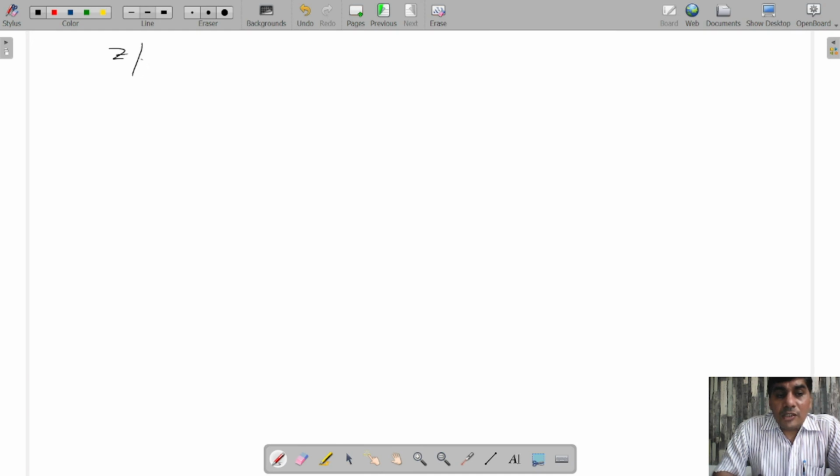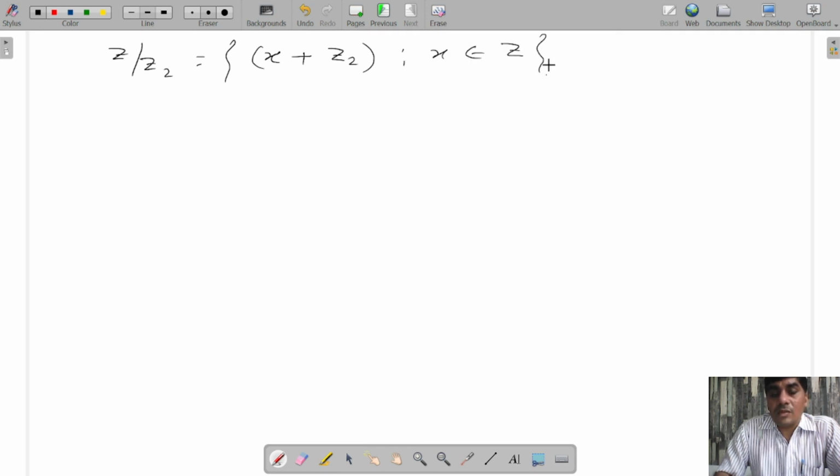Z by Z2 is equal to x plus Z2 such that x belongs to capital Z.